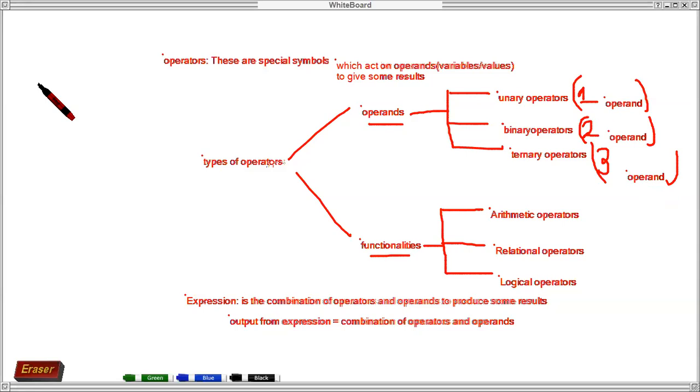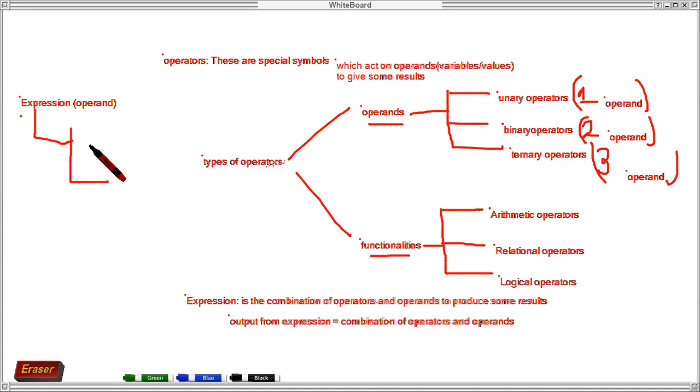If I define the expression with respect to the operand, in terms of the operand, expressions are also basically three types.